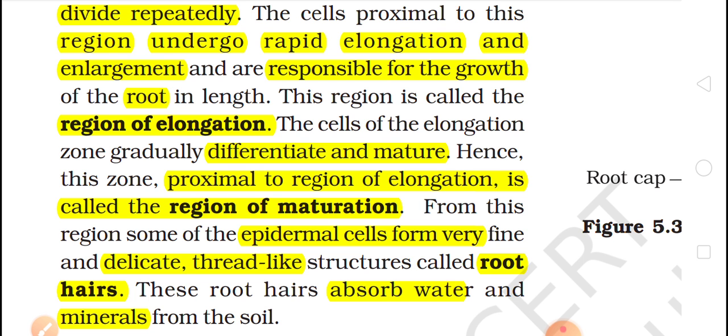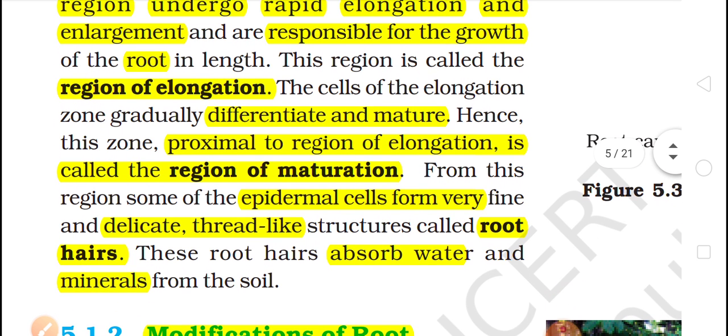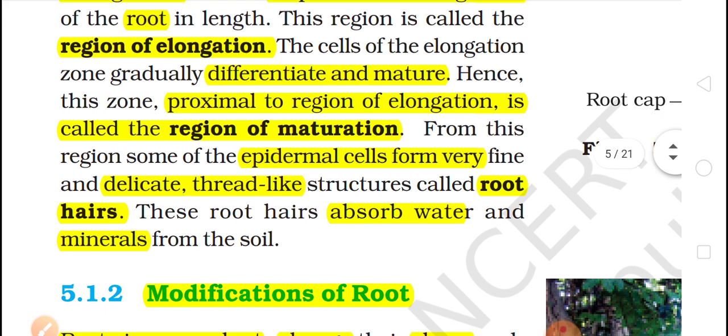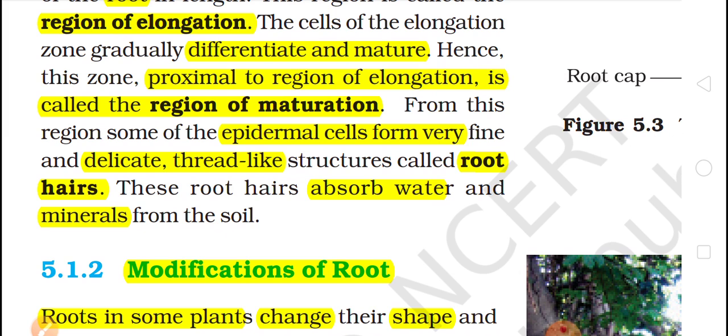In this region the thread-like structures, that is root hairs, arise, and the function of these root hairs is to absorb water and minerals from the soil. So if they ask in the exam what is the function of root hairs, you can write that root hairs absorb water and minerals from the soil.